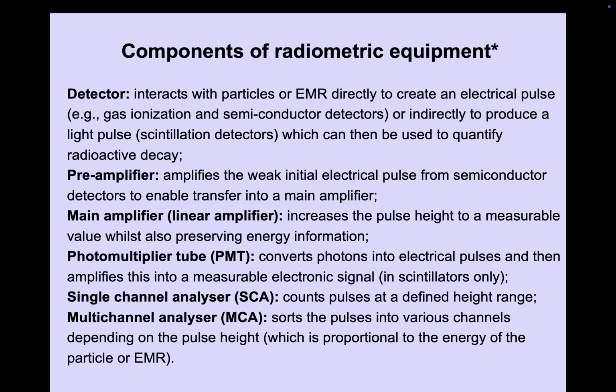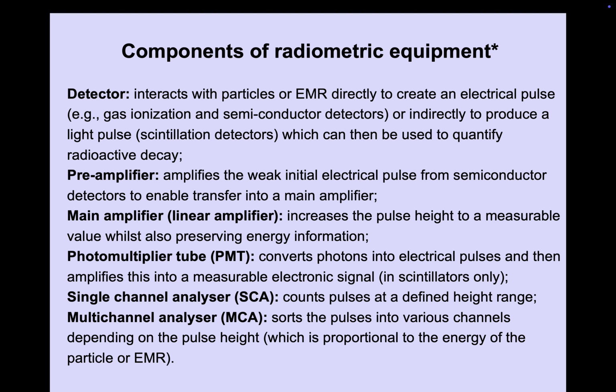Or we could have an indirect interaction. Here the radioactive decay gives some energy to another material, and that material emits some light after absorbing that energy, and then the light is detected. That's when we have scintillation style detectors, and we'll look at both solid and liquid scintillation detectors in this course. Next up we have the preamplifier and main amplifier, commonly in semiconductor detectors.